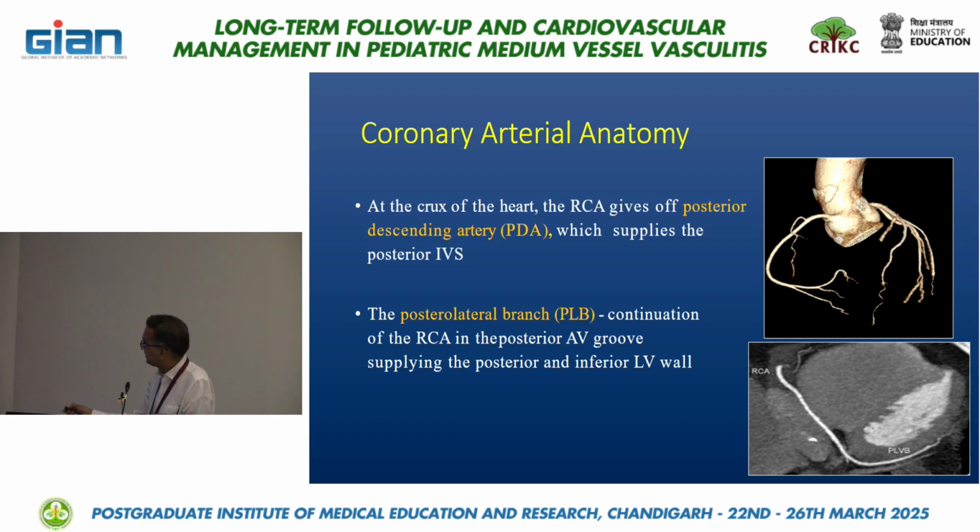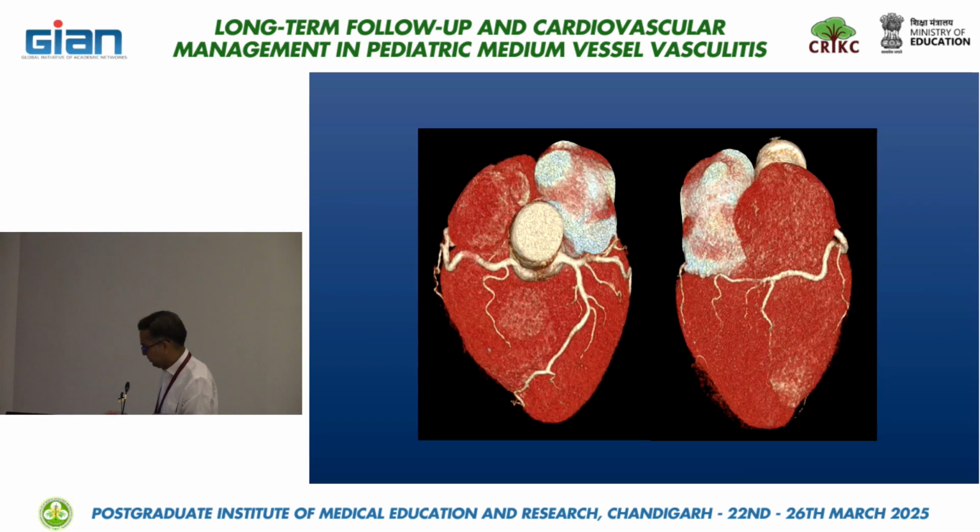In the coronary artery tree, we can see the whole length of the RCA and LAD in one plane. To better delineate, we can see the whole course: this is the origin of the RCA, right atrium, right ventricle, right AV groove.